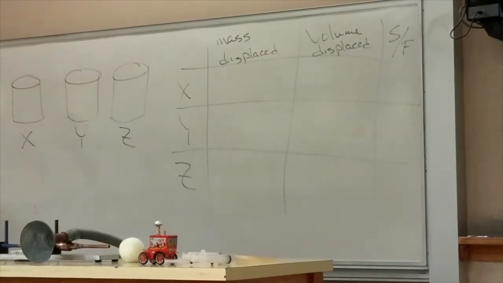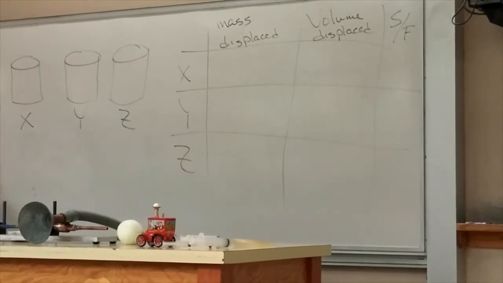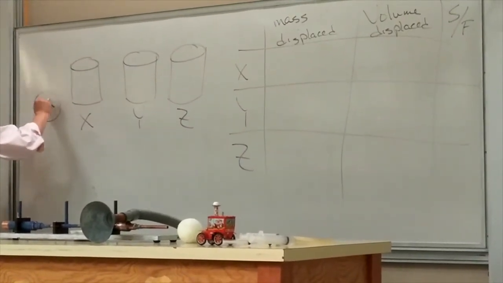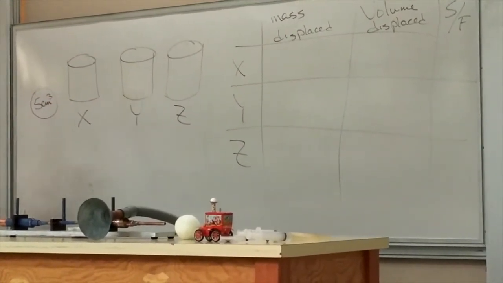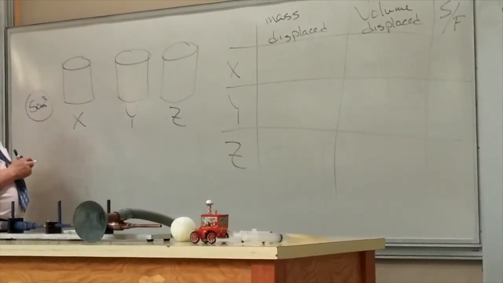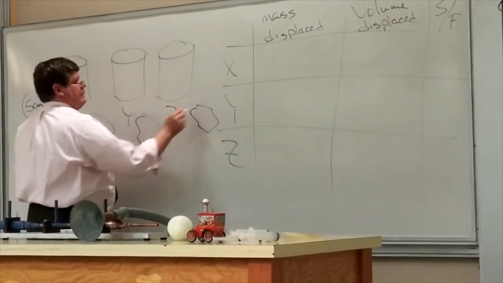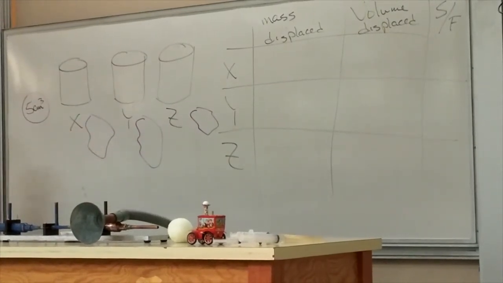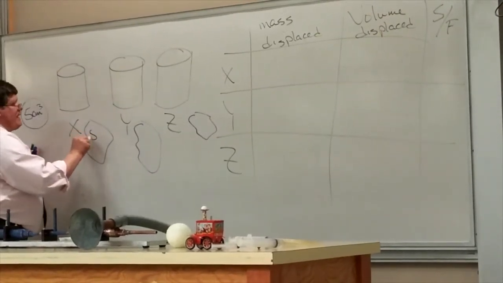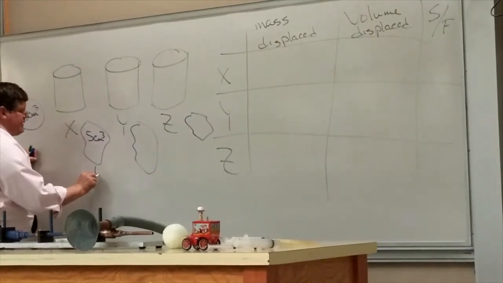We find that if we take a ball of clay, and we know that the volume of that ball of clay is 5 centimeters cubed. We know that if we put it gently into each of these buckets in turn, we get liquid that spills out. And when we put it in bucket X, we get 5 centimeters cubed spilled onto the table, and it has a mass of 4 grams.